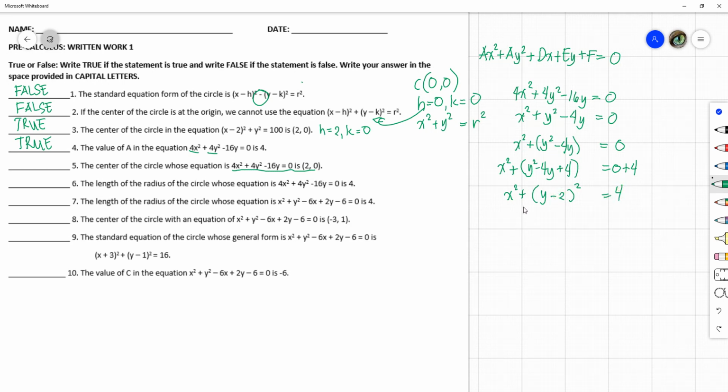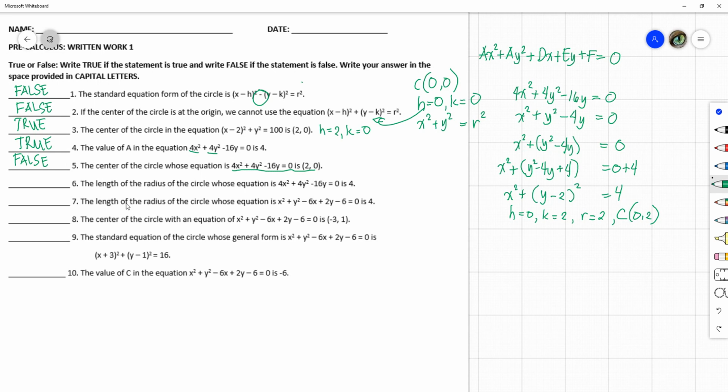In this case, our h is 0, our k is equal to 2, and our r would be the principal root of 4, which is 2. Therefore, the coordinates of the center of the circle would be 0, 2. Let's check. Here, 2, 0, is incorrect because the center of the circle must be 0, 2. Therefore, this is false.